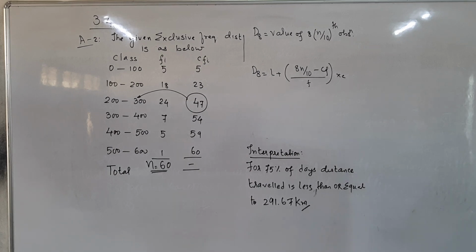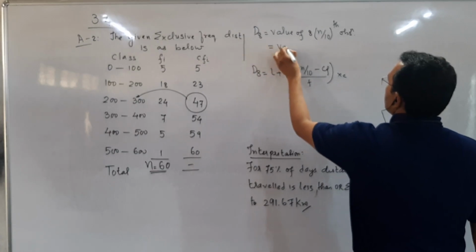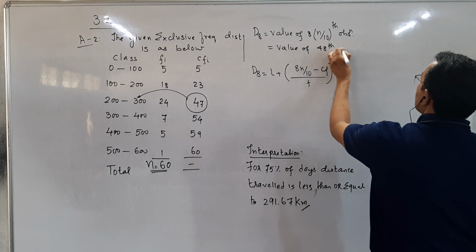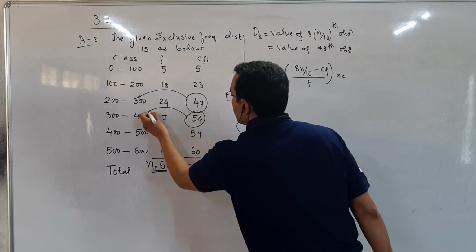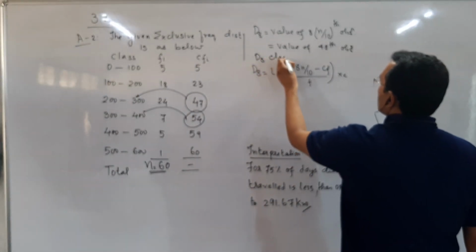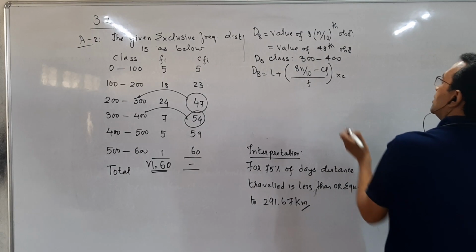Now n is 60. 60 by 10 is 6, and 6 eights are 48. So it is the value of the 48th observation. 48 is covered in 54, and this is the corresponding class. So the D8 class is 300 to 400.